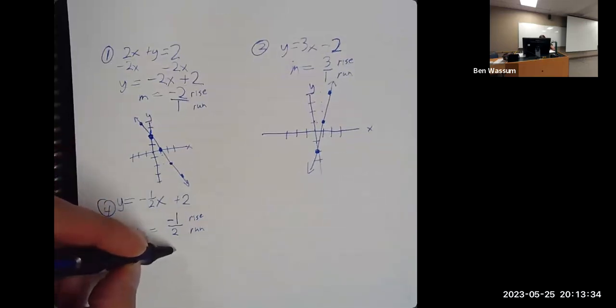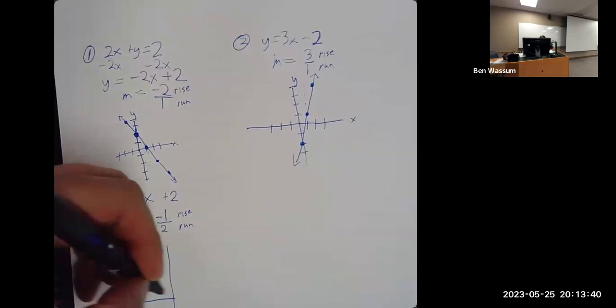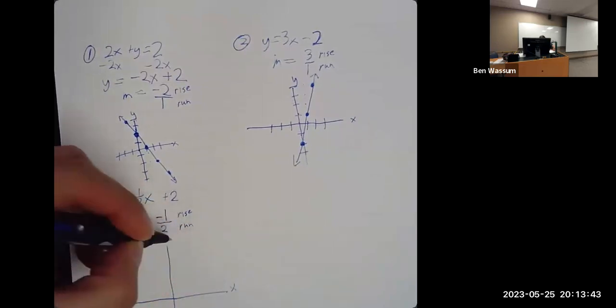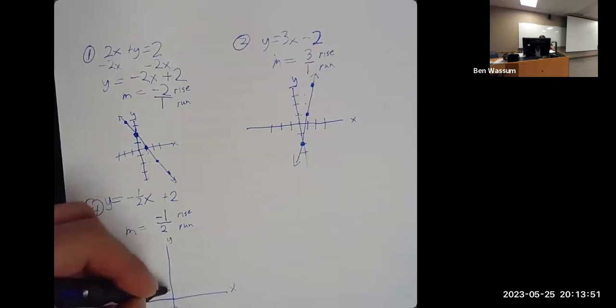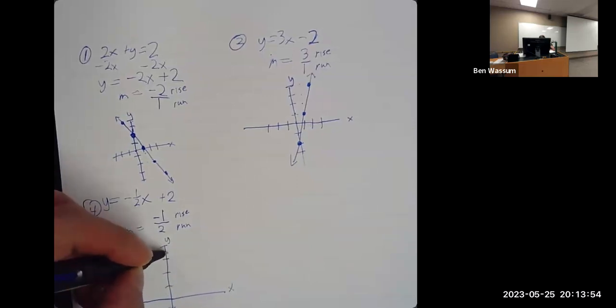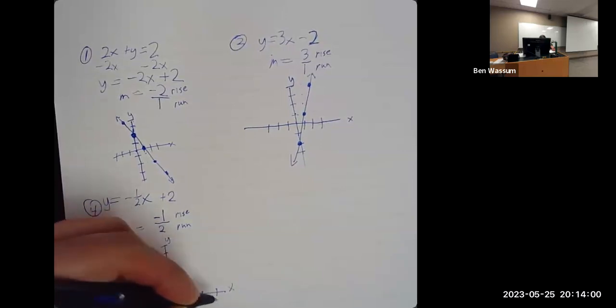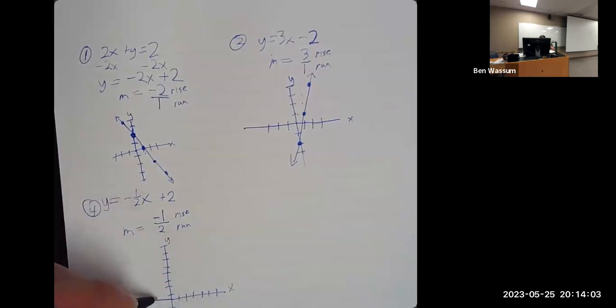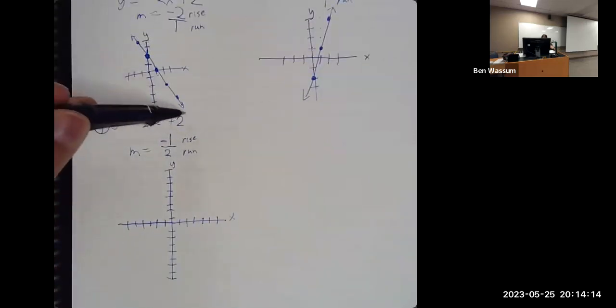Okay, we're going to go ahead and graph this guy. So again, I'm going to start from where my y-intercept is, which is 2.